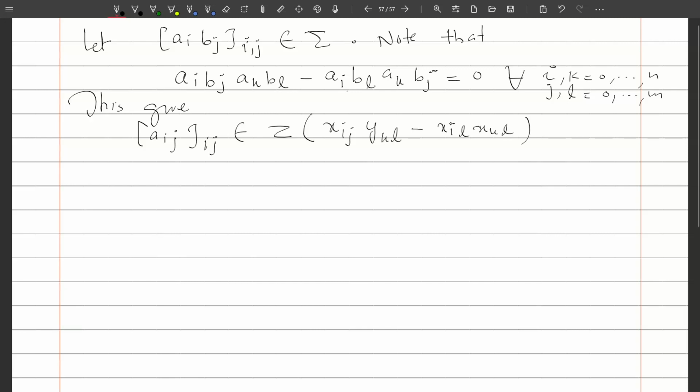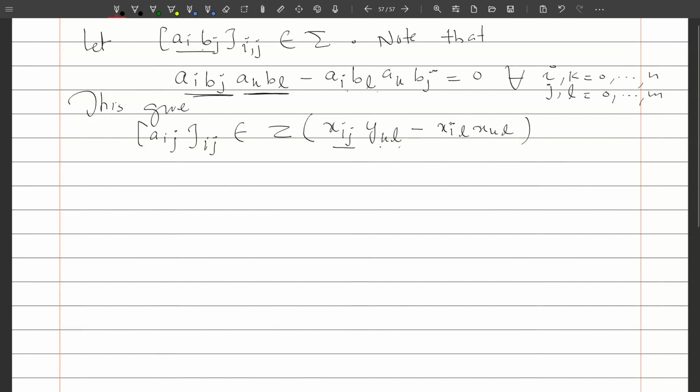So if we set the ij coordinate of this vector, the ijth coordinate of this vector is aibj. Similarly, the kl coordinate of this vector is akbl, so we get akbl.